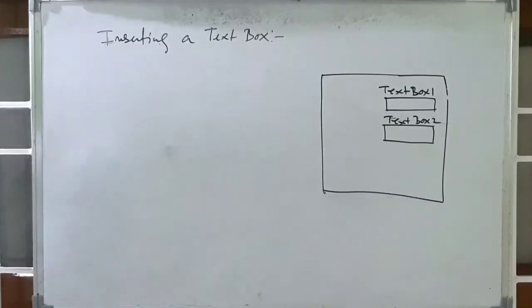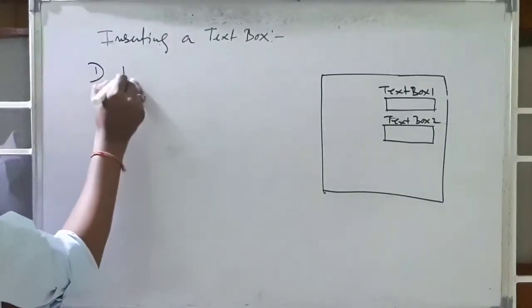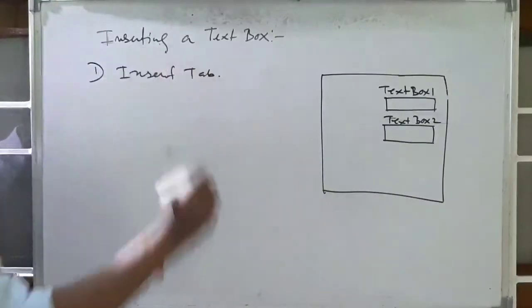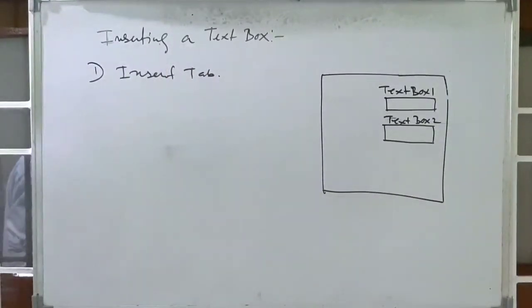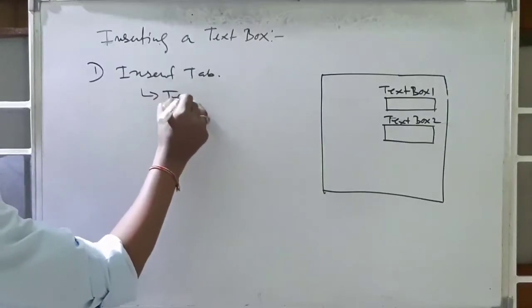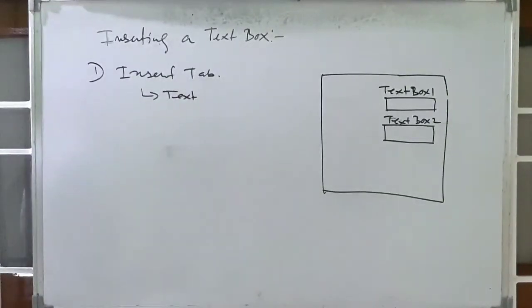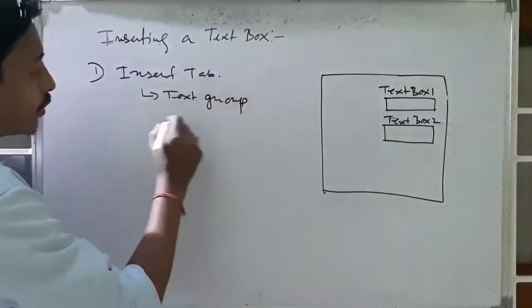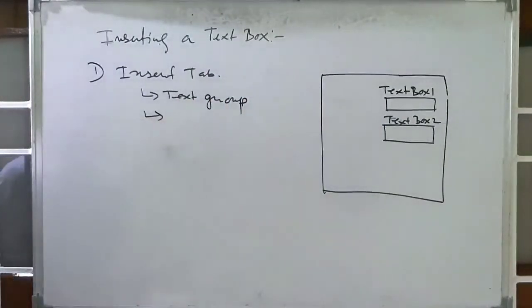First we have to click on the insert tab. Okay, and after that in the text group click the text options. In the text group you have to click on the text box options.